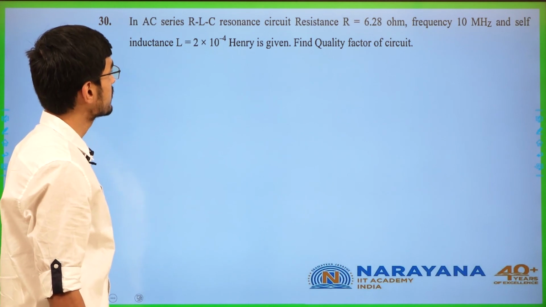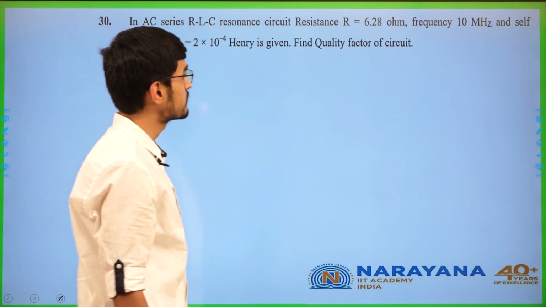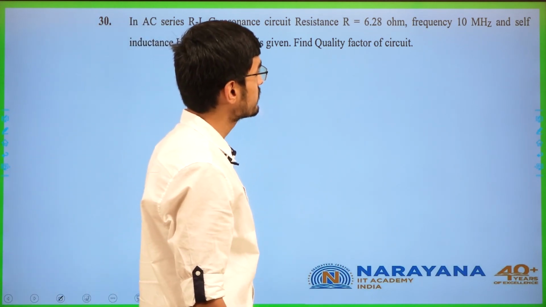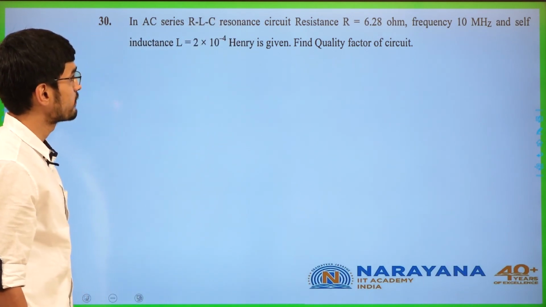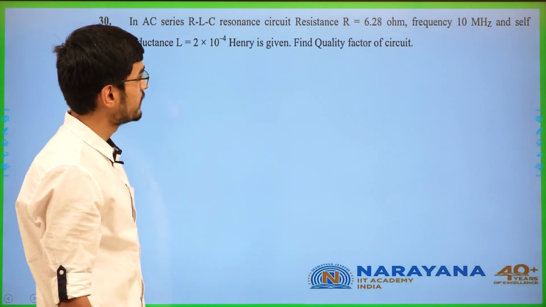Next. In an AC series RLC resonance circuit, resistance R is 6.28 ohms, frequency is 10 megahertz and self-inductance is 2 into 10 power minus 4 henry. Find the quality factor of the circuit.